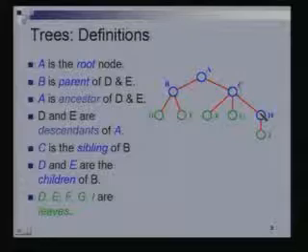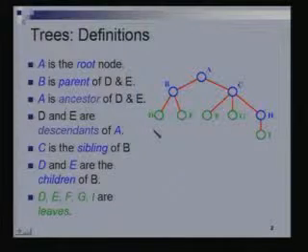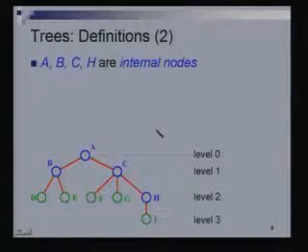Right? If a node has no children, it's a leaf. So H is not a leaf. H has a child. But I, F, G, E and D are nodes which don't have any children, and so they are leaves. More definitions. A, B, C and H are called internal nodes. Right? A node which is not a leaf is called an internal node.